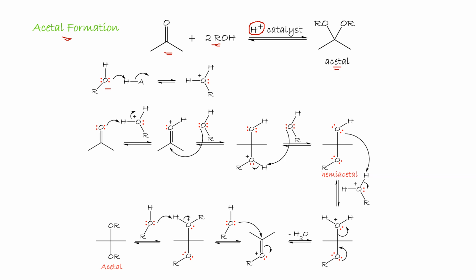First, some molecules of the alcohol will get protonated to form this species, and this species will work as a proton source. So the lone pair of the carbonyl will get protonated. That's the first step.